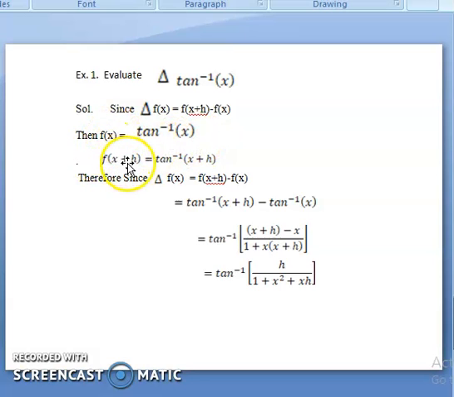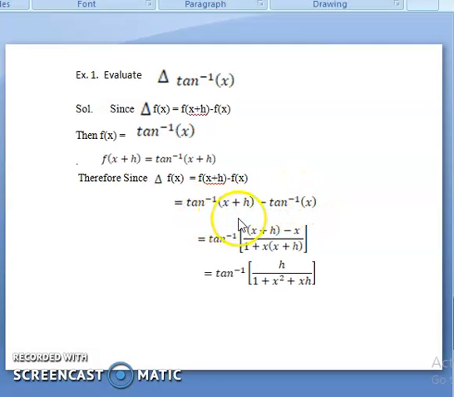Replace x by x plus h, so it becomes tan inverse (x plus h). In the forward difference formula, f(x plus h) minus f(x), put the value of f(x plus h), which is tan inverse (x plus h), minus f(x), which is tan inverse x.